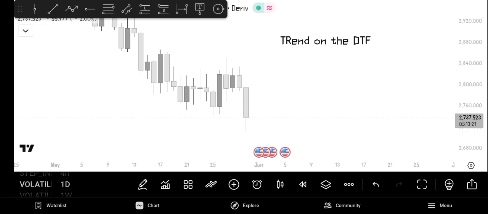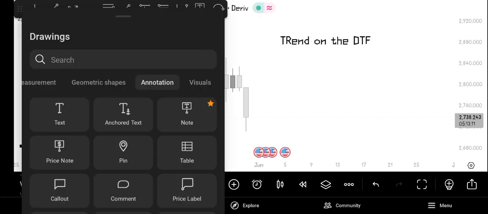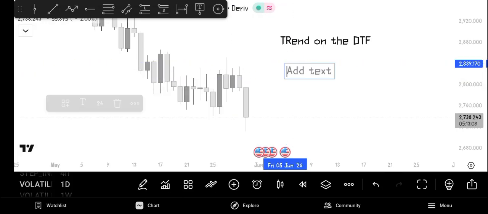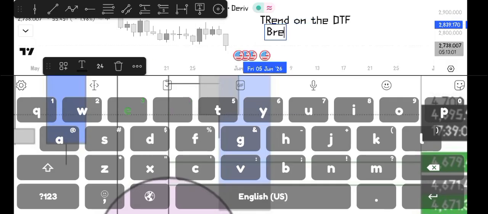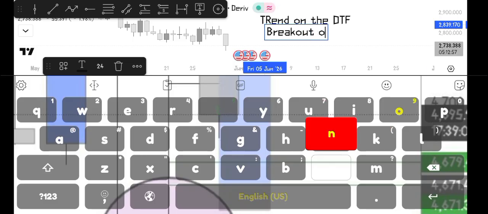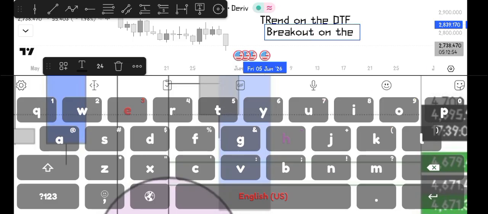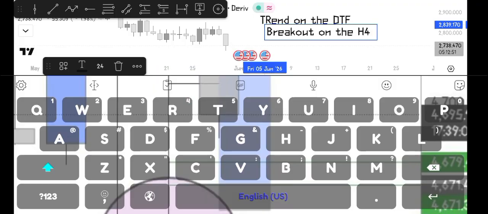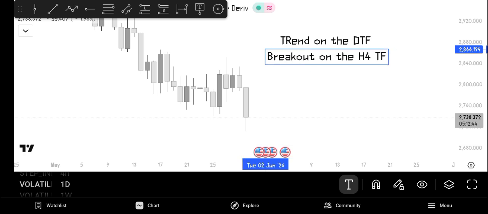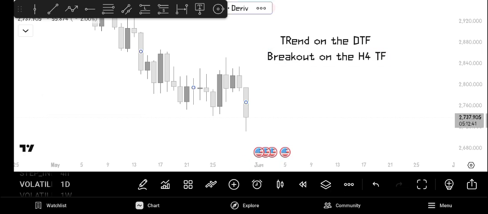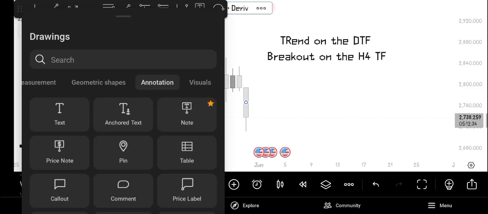So the second thing we will be looking out for is the breakout here on the 4 hour time frame. So we'll be looking at a breakout on the 4 hour time frame to confirm our daily bias. So this is what we will be looking at on the 4 hour time frame, and our entry time frame is either on the 1 hour time frame or the 15 minutes time frame.